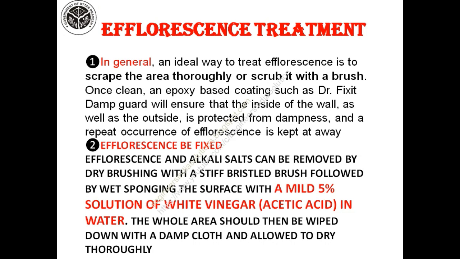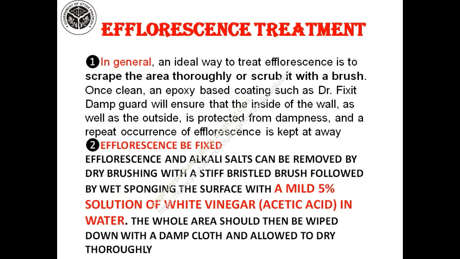And the best way that we can get rid of efflorescence to a major level is by using a stiff bristled brush and cleaning the whole surface wherever you find the efflorescence, and then using a 5% solution of white vinegar.